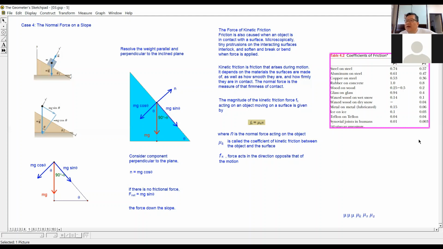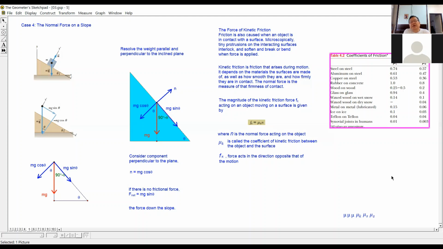Now, can you tell me on this list on the right hand side here, which one has the least friction? It will be synovial joints in humans. Yeah, synovial joints in humans.